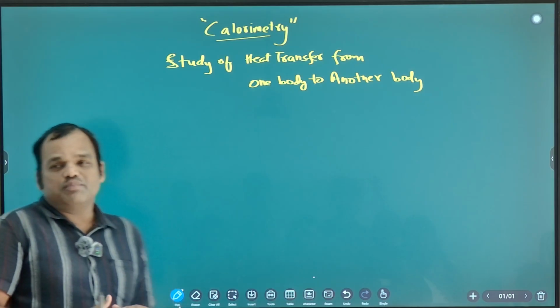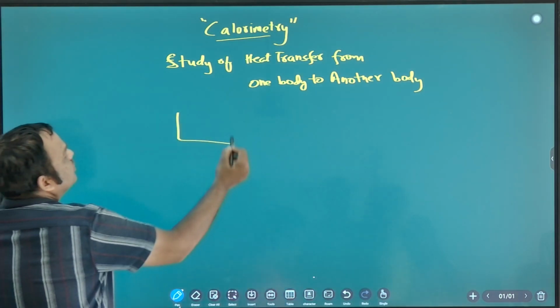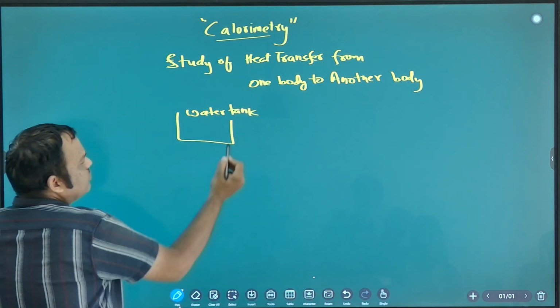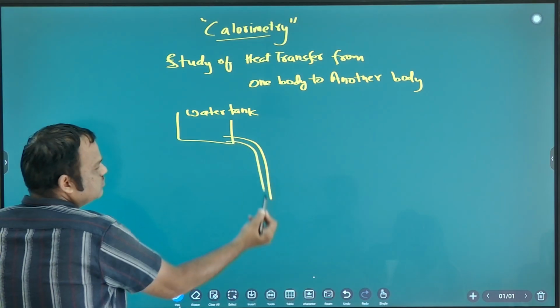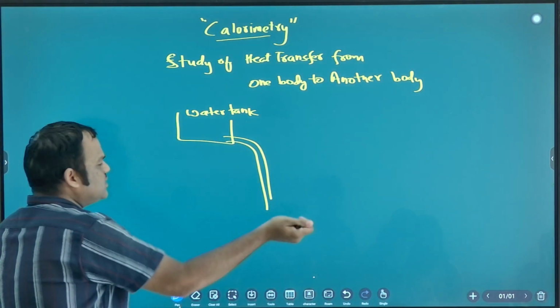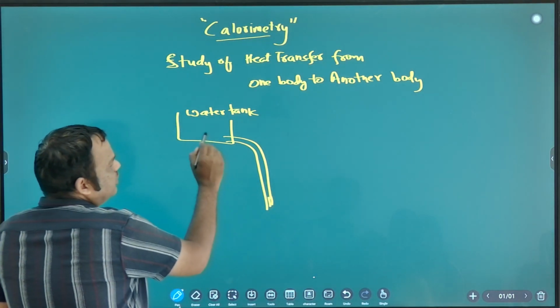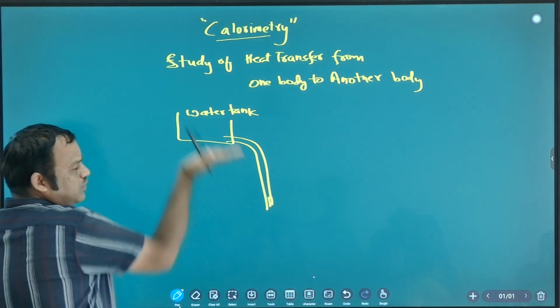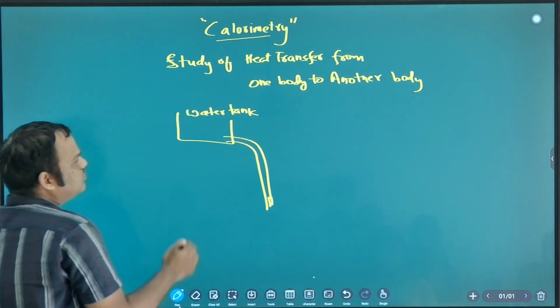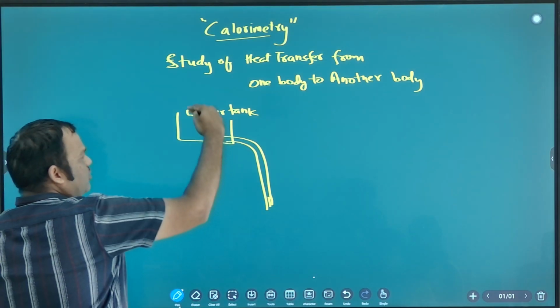Like for example, water. Suppose this is a water tank. You connect the water tank with a pipe because you want to water the plants. Water will flow from high level to low level.